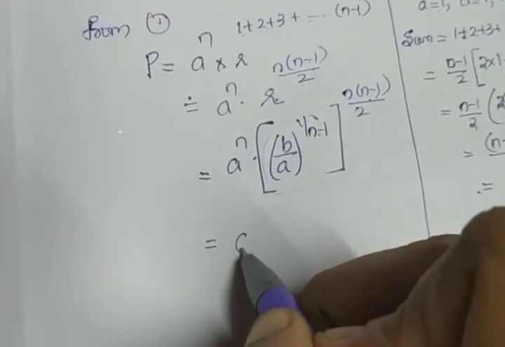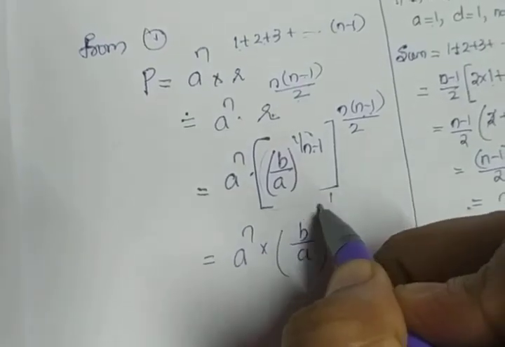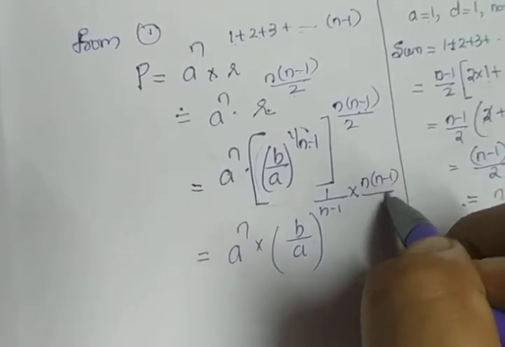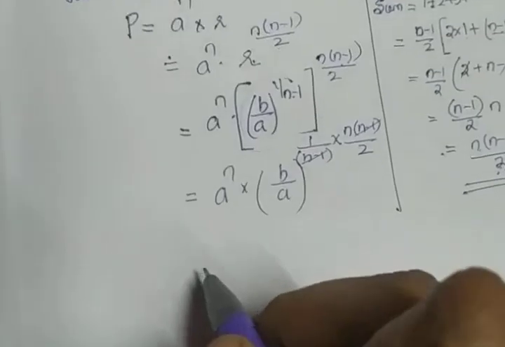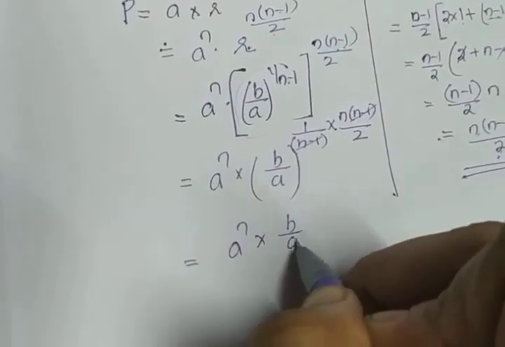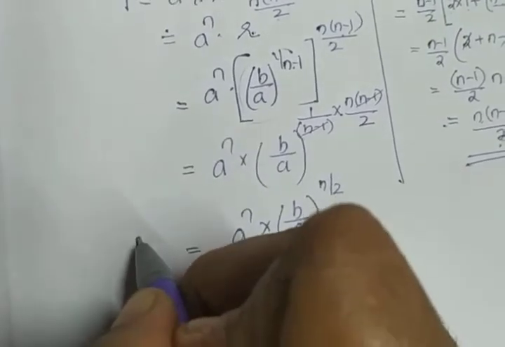What we will get? A raised to n into (B by A) the whole raised to, if I multiply the power, 1 by (n minus 1) into (n minus 1) by 2. What I get is n minus 1 gets cancelled. So what we are getting is A raised to n into (B by A) the whole raised to n by 2. Let it be here. This is what is P.